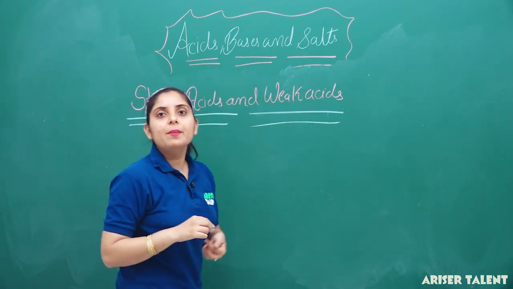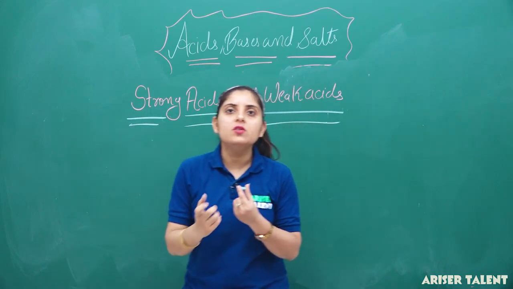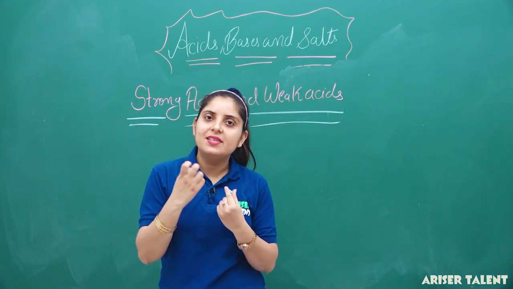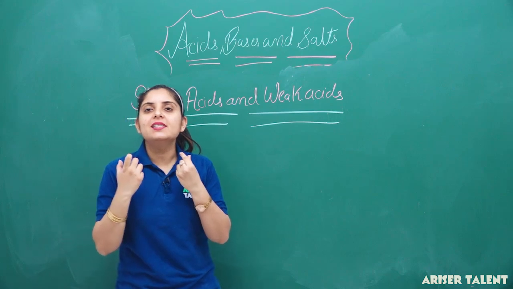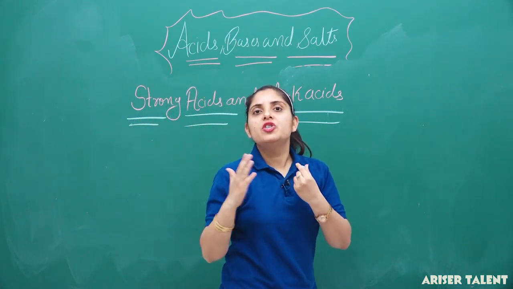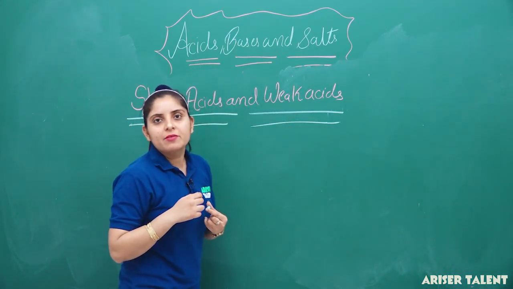So as the name indicates, strong acids are those acids which are completely ionized in the aqueous solution, and the weak acids are those acids which are partially dissociated into ions in their aqueous solution.